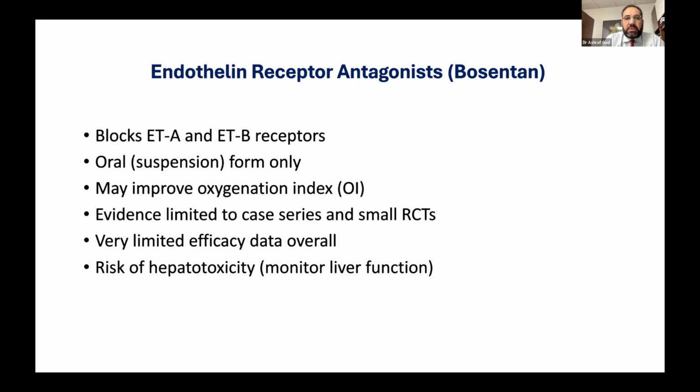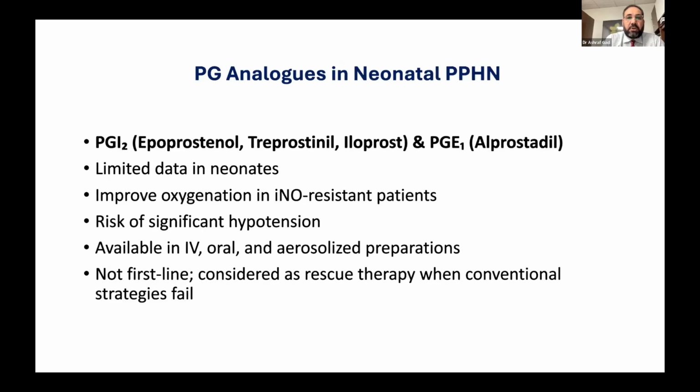There is limited evidence, like I mentioned, only case reports and small RCTs. And when those studies are done, they usually compare bosentan, or even sildenafil for that matter, to placebo. So RCTs with head-to-head comparison are very much needed in these cases. We have to be careful of the effect on the liver.